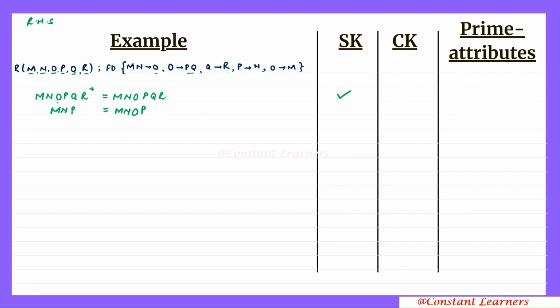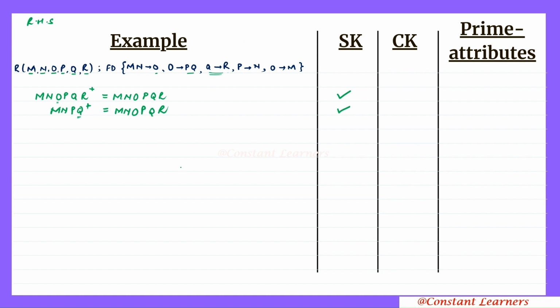But we will need Q here because there's no other way to determine Q. So Q will determine itself, right? Then Q will also determine R. So we don't need to write R on the left hand side because Q is already present here on the left hand side and it can determine R. It's given here. This functional dependency says Q determines R, right? So this M and PQ will also be a super key.